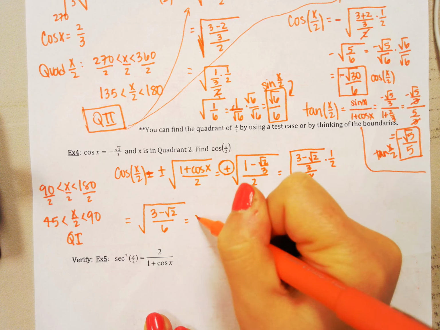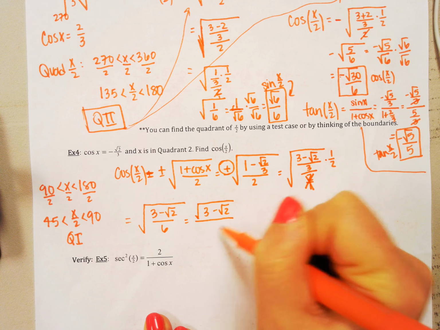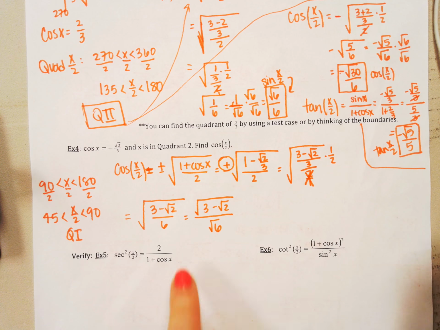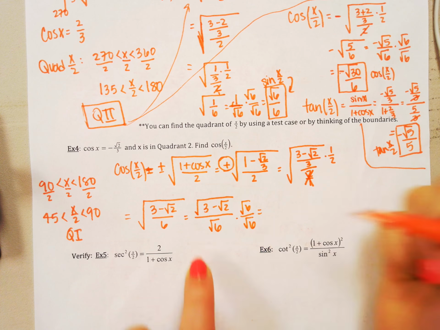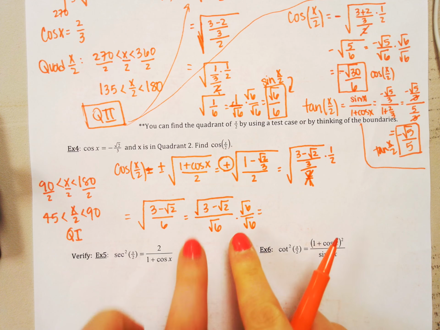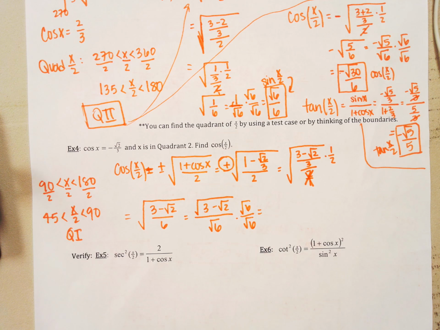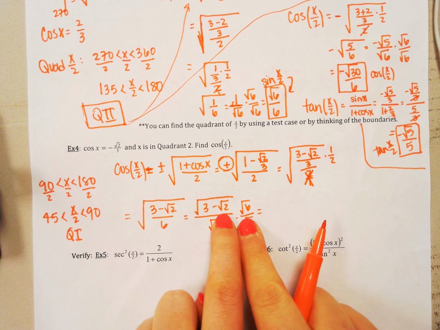And above, we split this into 2 radicals. We took the square root of the top and the square root of the bottom, and then we rationalized. And here when we rationalize and we multiply by root 6 over root 6, usually when we multiply roots and roots, we just multiply those numbers together. It's the same thing here. It's just we have to be careful because there's another root inside.